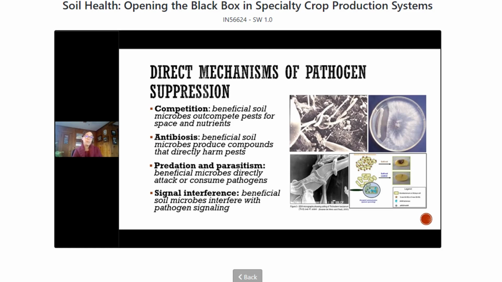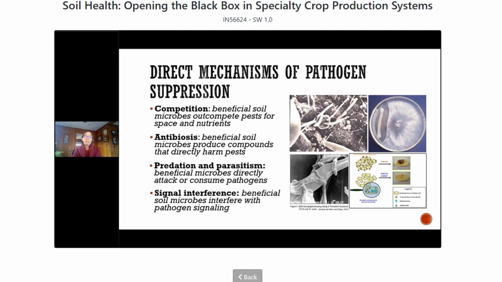There can be antibiosis, where this beneficial microbe is producing compounds like antibiotics that we commonly take. That's where our antibiotics come from. It's from soil microbes, but they can also directly kill pathogens, like you see in the top right-hand corner, where that strip of bacteria on the left is slowly killing that furry fungi growing in that plate.